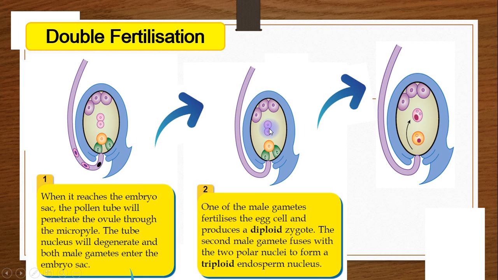Because there are two polar nuclei, one n and another one n, and they fuse with the second male gamete, also one n. So there are three n, and when it is three n we call it triploid. So it is called the triploid endosperm nucleus.